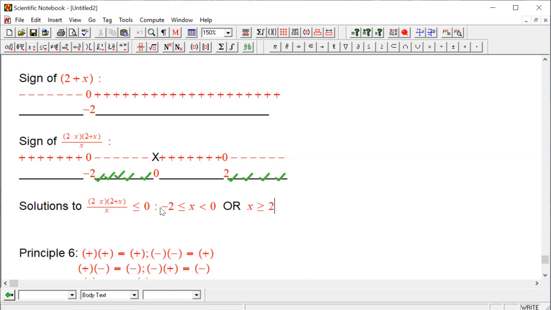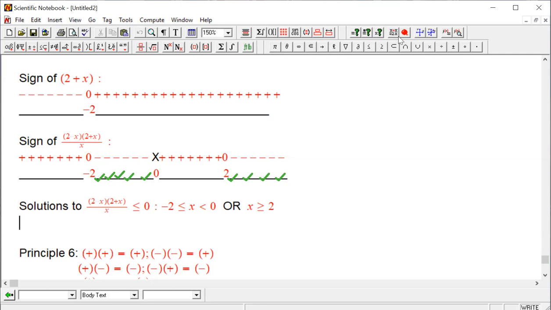So that's our solution. Okay. So for solving simple rational inequalities, you have seen a couple of examples, and I hope that these lessons will help you to understand how to do it right.